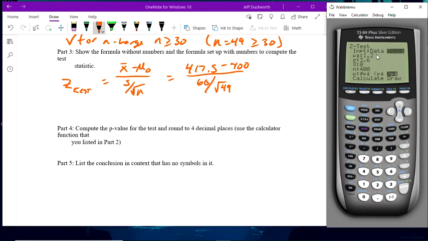If you have data highlighted, make sure you arrow over to stats and hit enter. Mu sub 0, our proposed value is 400. Sigma, we don't have sigma, but we do have S, and that's 60. X bar is 417.5 and n is 49.